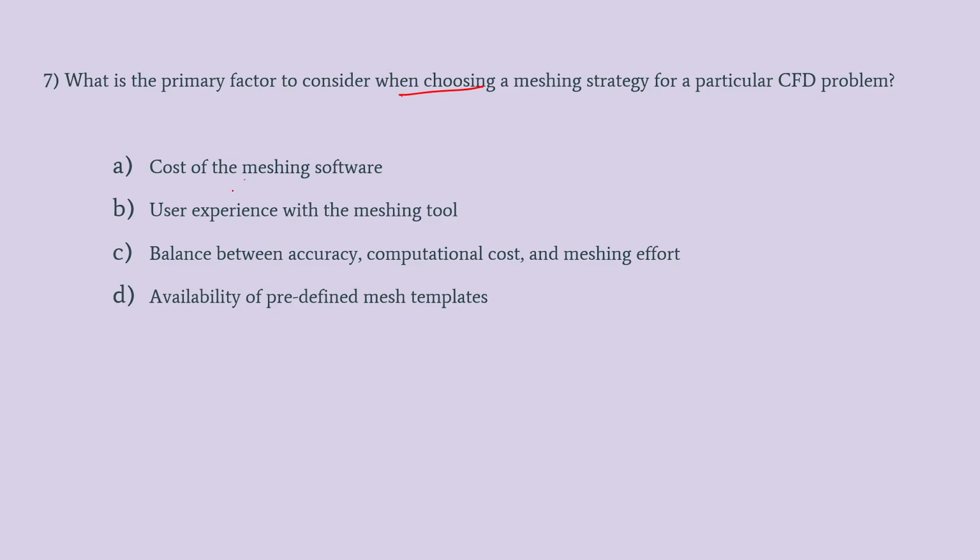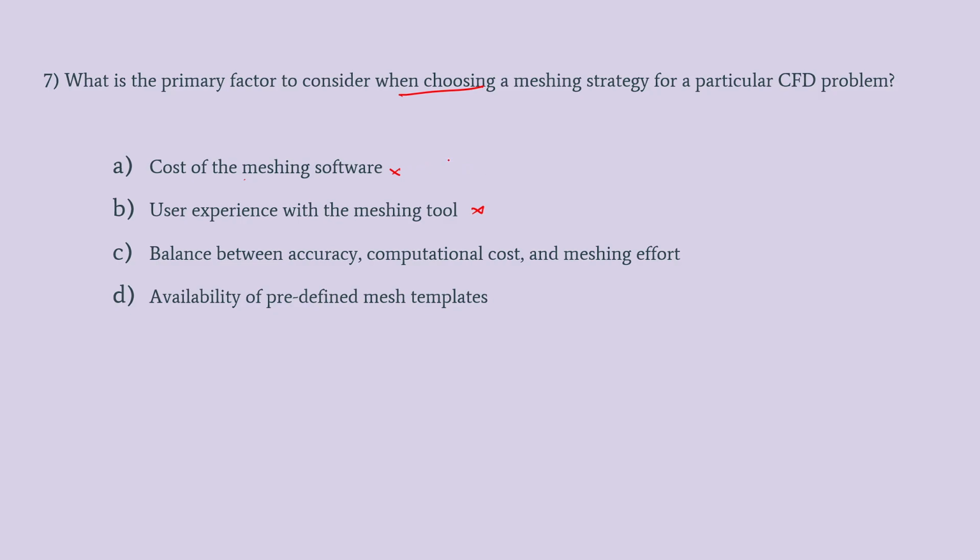So, while going through our course, you would have understood that the meshing software, the cost of meshing software, and user experience with the meshing tool are not the primary objectives when we are opting for a meshing strategy.